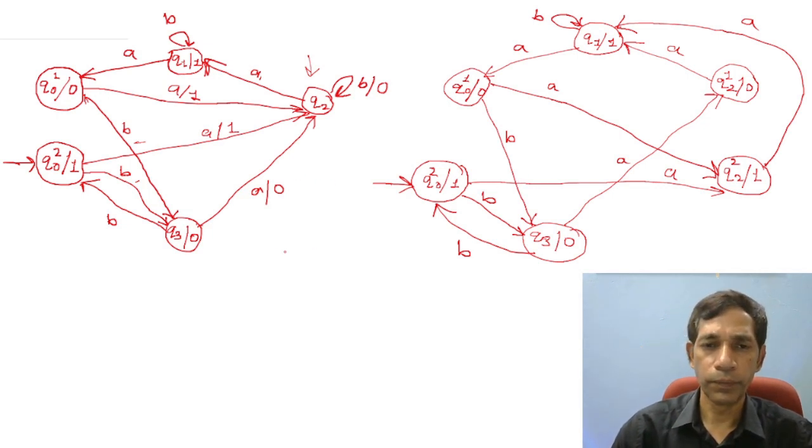Now we have the loop at the Q2, which is producing the output 0.